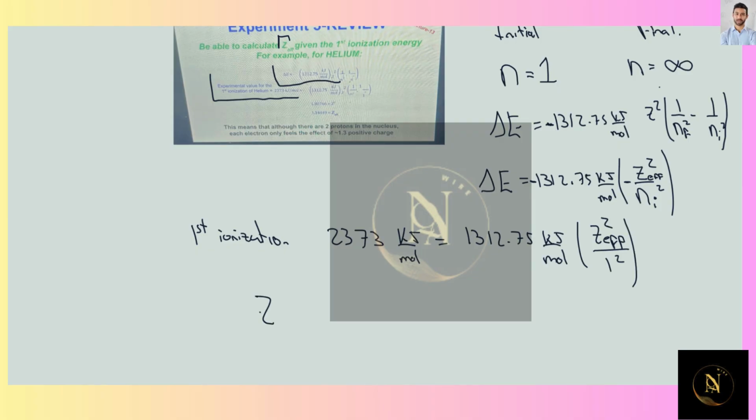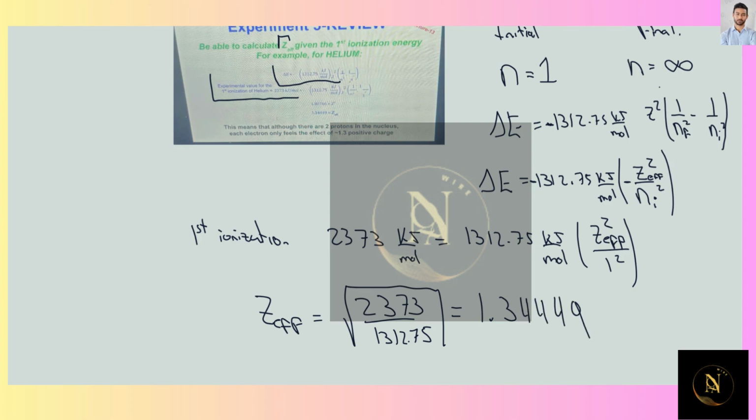So the value for the effective charge would be equal to 2,373 over 1,312.75, and taking the square root of this value. Upon taking the square root, we're going to find 1.34449, which is the value provided to you over here.